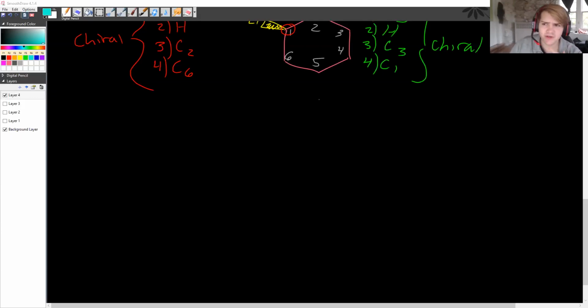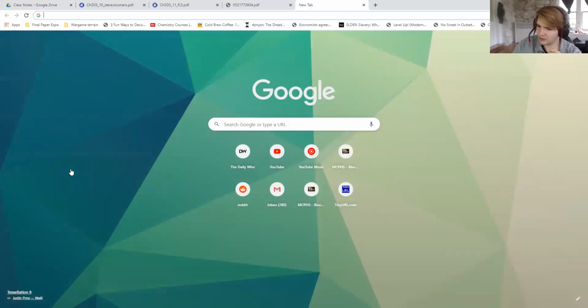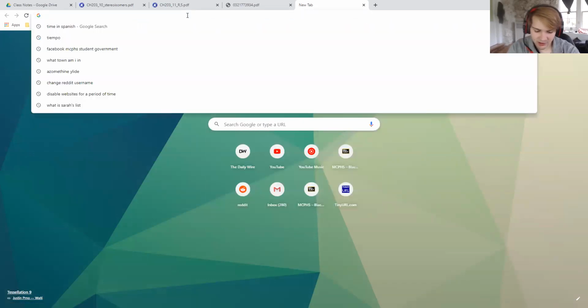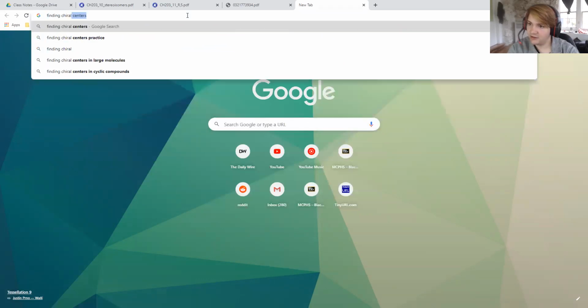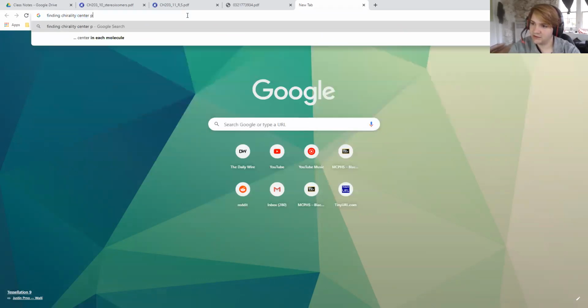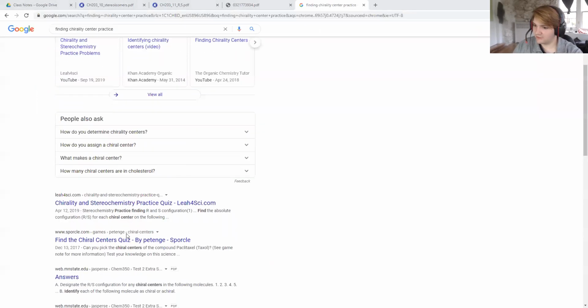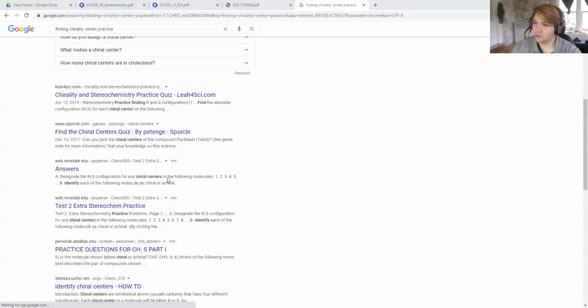I don't know if I showed this to you guys. Can you guys see the Google? Okay. Let's say you wanted to look up finding chirality centers practice. If you type this in, you're going to get a lot of different things, and maybe this isn't what you want.